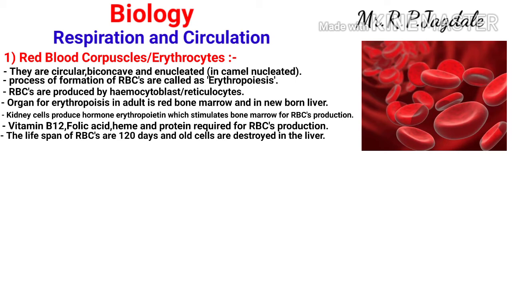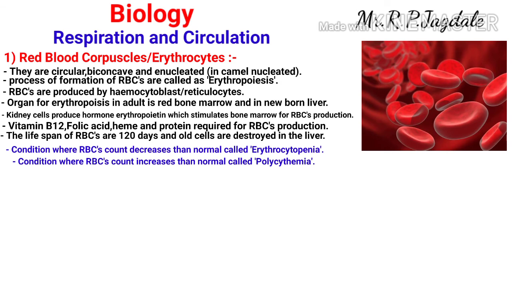Then, in a condition where the number of RBCs increases above the normal range, this condition is called polycythemia. We know the normal range of RBC, which we have seen in the blood reports.